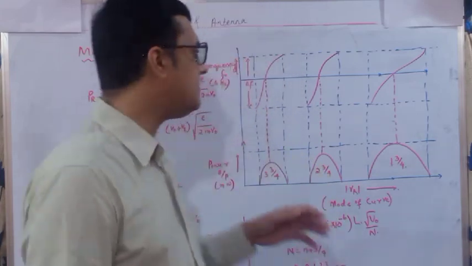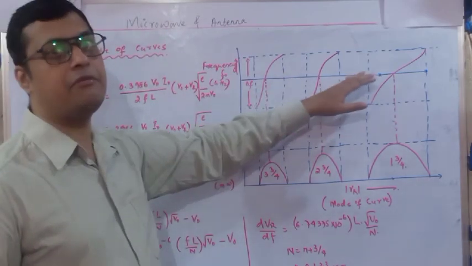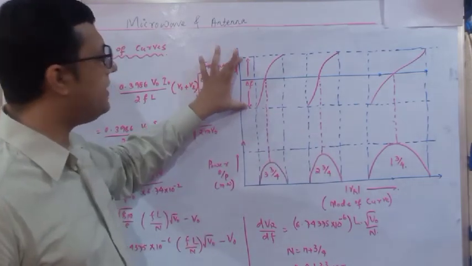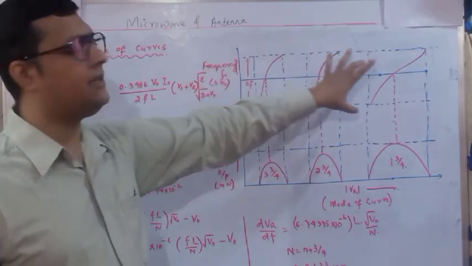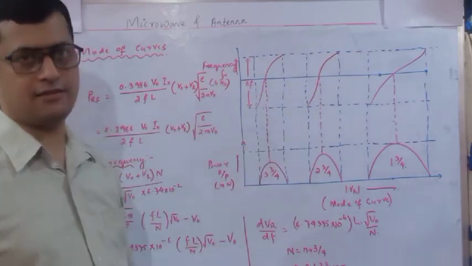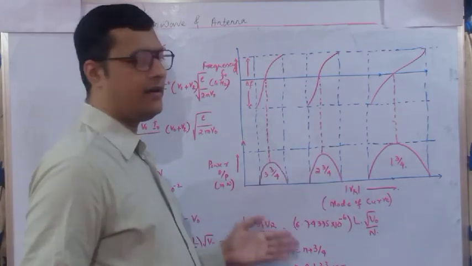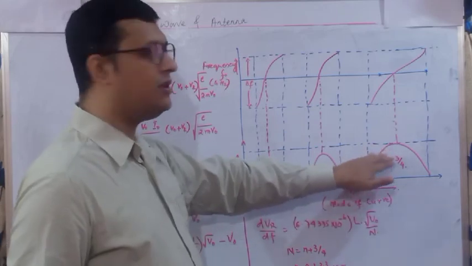In this figure, you can see that the upper part is with respect to the frequency component. This difference is nothing but del f. It is the bandwidth. So bandwidth remains constant, but the amplitude changes. How? As you can see in the lower part, here the mode is 1 3/4, and the amplitude is quite large.